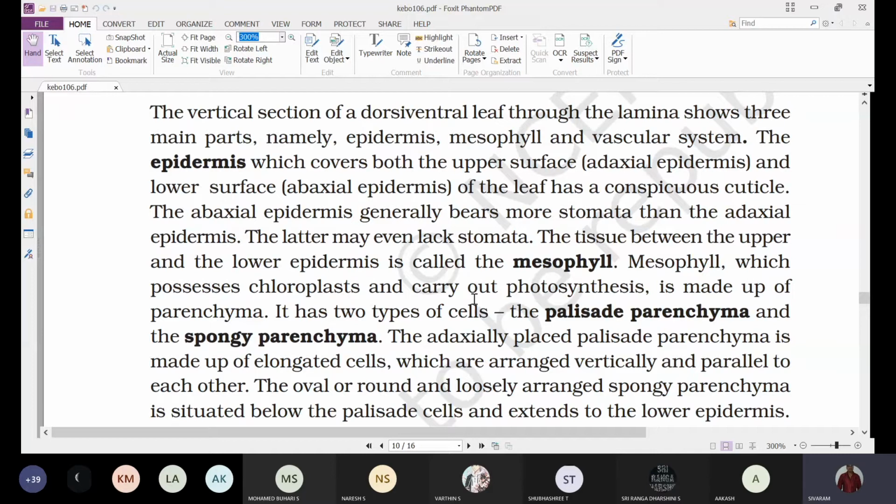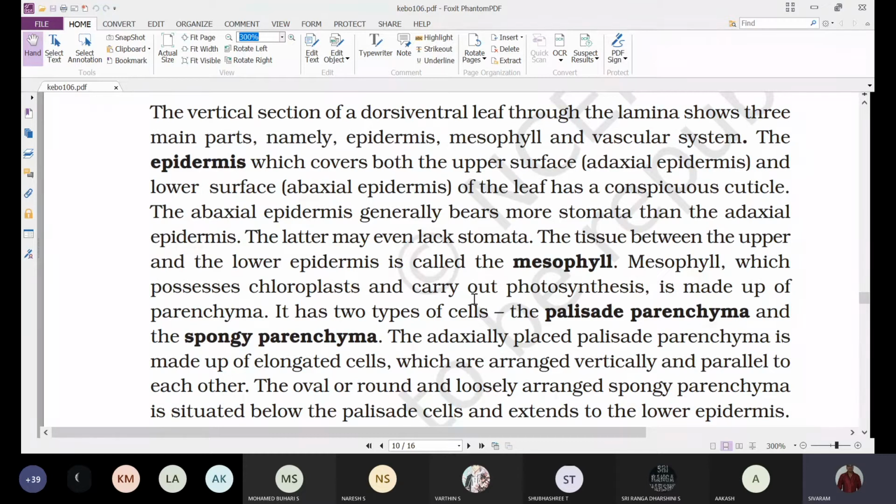So the abaxial epidermis generally bears more stomata than the adaxial epidermis. The latter may even lack stomata. The latter means adaxial, that is, the upper surface. The upper surface may even lack stomata. That means stomata might be present only on the lower surface.